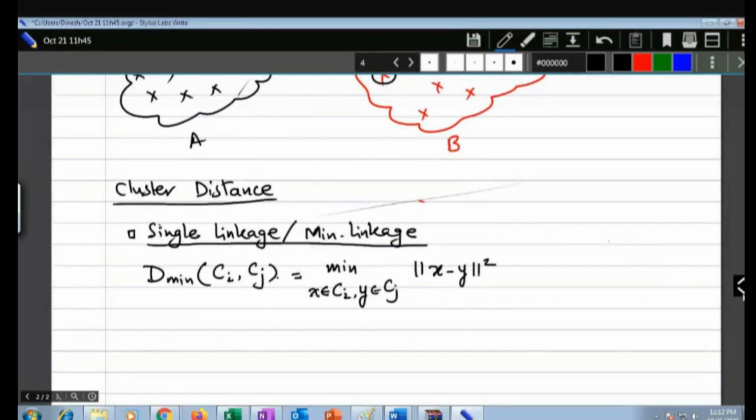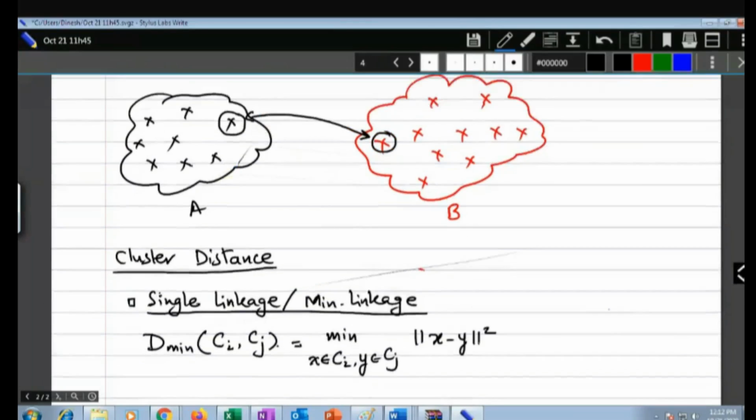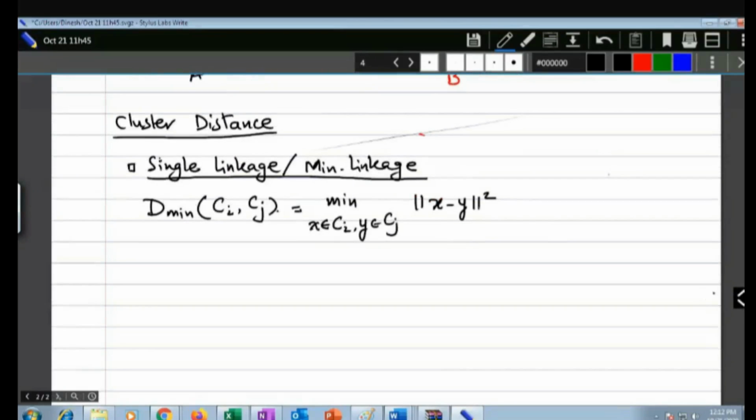So you have to find the distance from every point in A to every point in B and choose the minimum distance. That is the meaning of single linkage. Another model is called complete linkage, or maximum linkage.